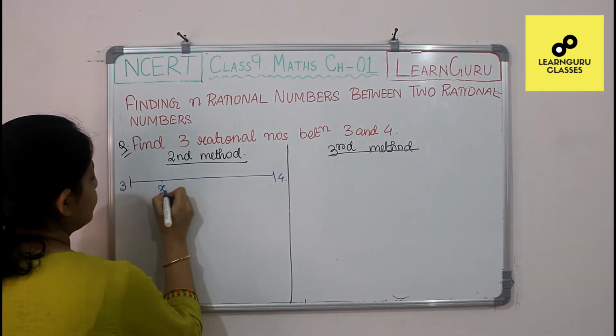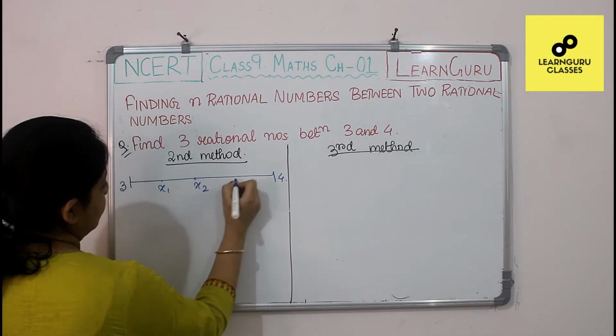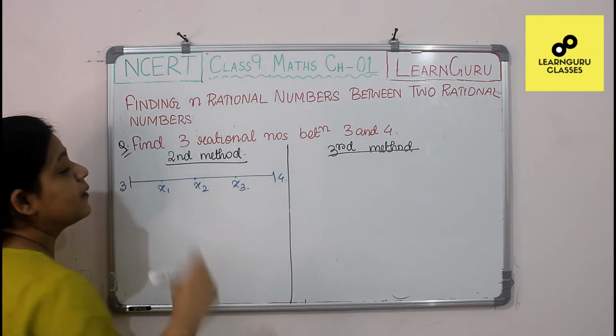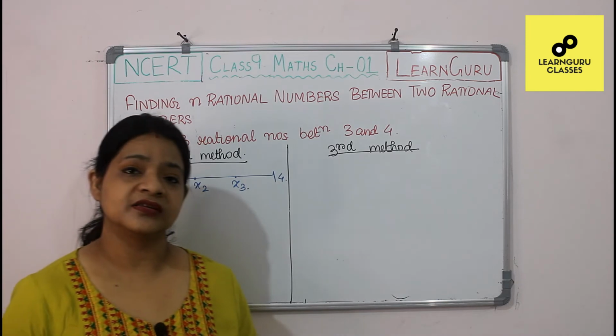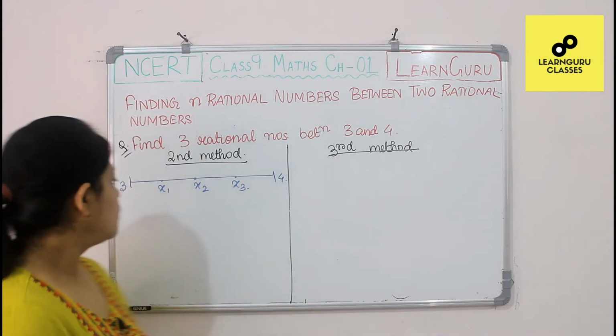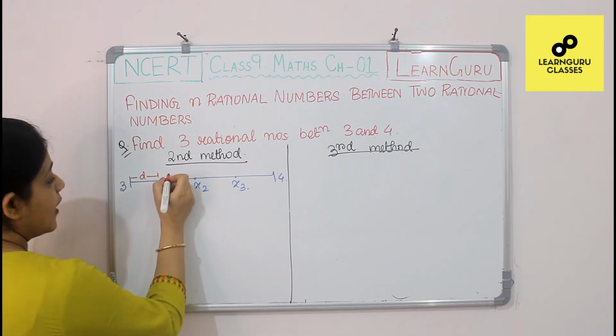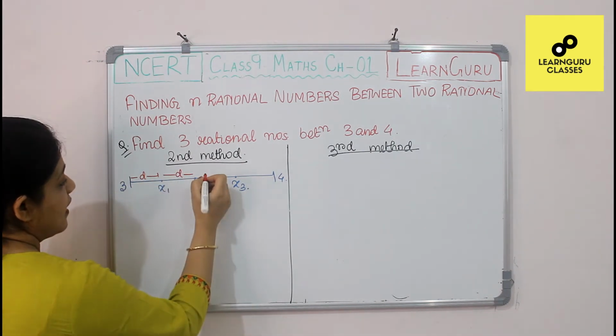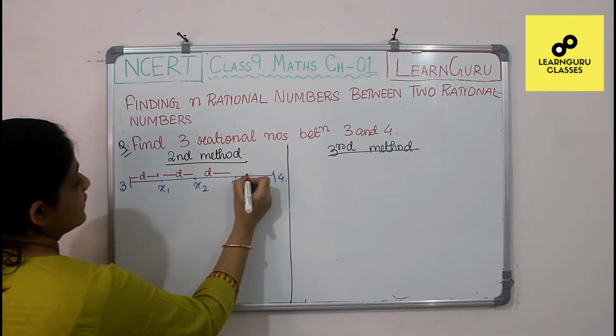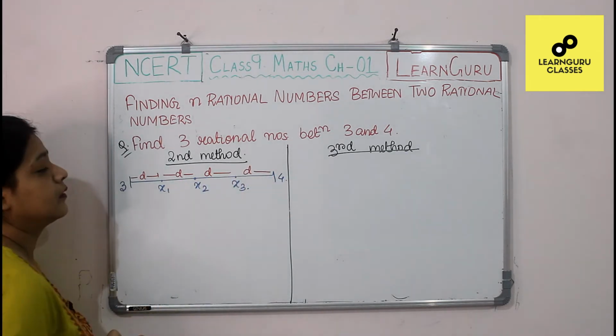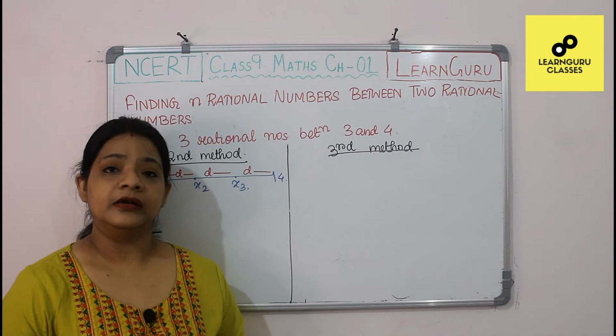So x1, x2, x3 are the 3 points placed at an equal distance to one another. The distance between 3 and x1 is d, x1 and x2 is d, x2 and x3 is d, and x3 and 4 is also d.